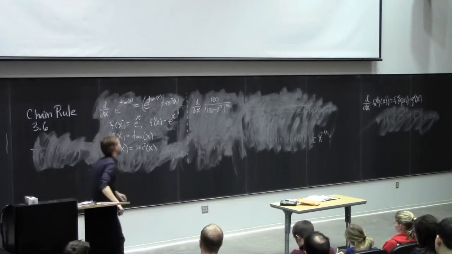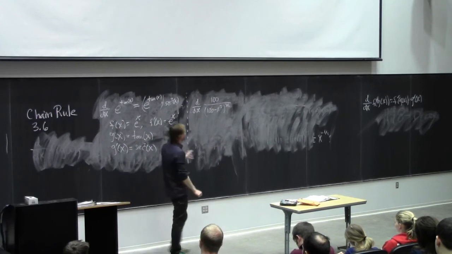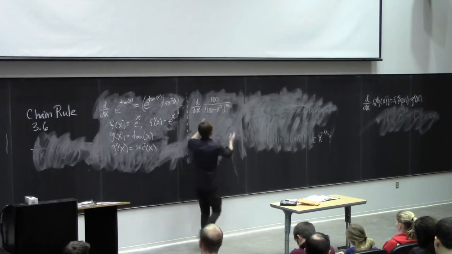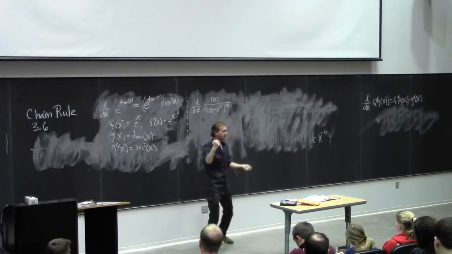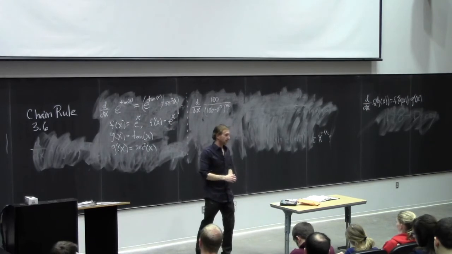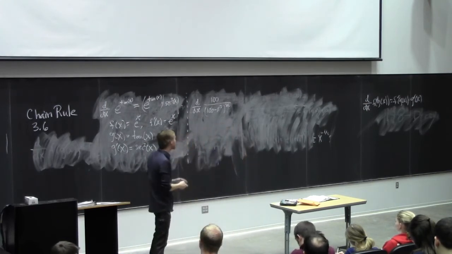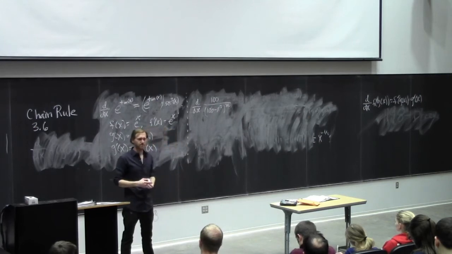Quotient rule. And that's fine, but you're still going to have to use the chain rule, because to use the quotient rule, you have to be able to take the derivative of the denominator by itself, and to take that derivative, you're going to have to use the chain rule.